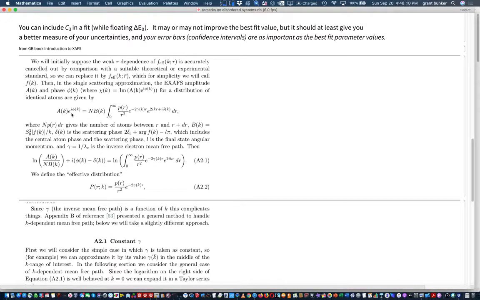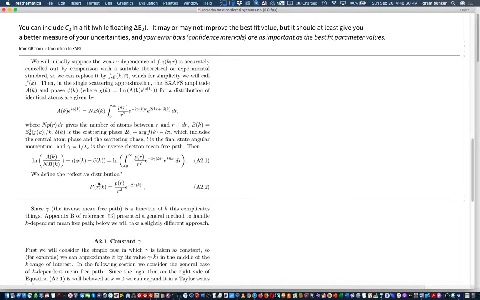Then we have the amplitude times e to the i phi equal to the number of atoms times B of k. Well, B of k is this: the scattering amplitude over k times S0 squared. That stuff factors out and in some sense divides out when you compare with other things. So we're interested in the stuff in this integral.